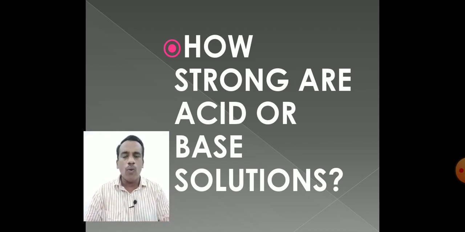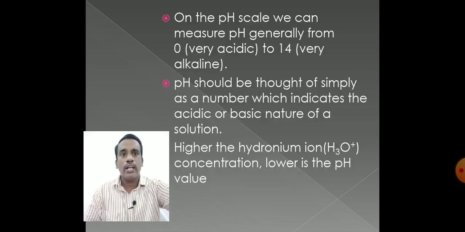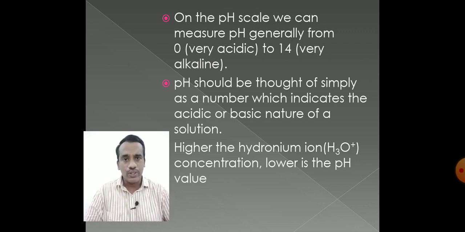After dissolving in water, the acids will give H plus ions and the bases are going to give OH minus ions. Now this is our main key concept for this entire chapter. The strength to give the H plus ion is called the pH.